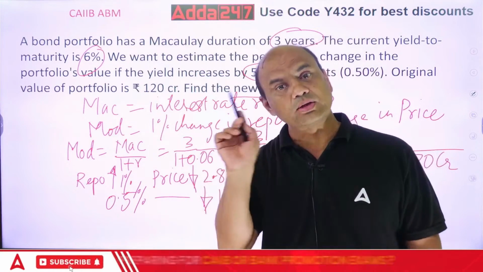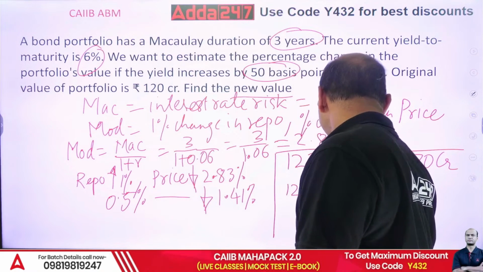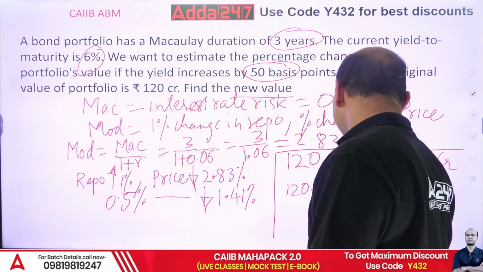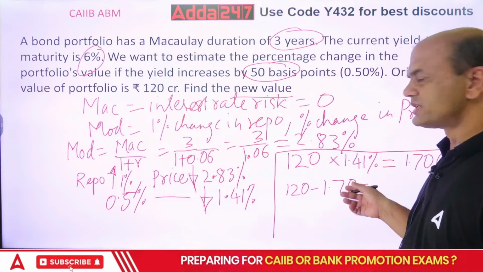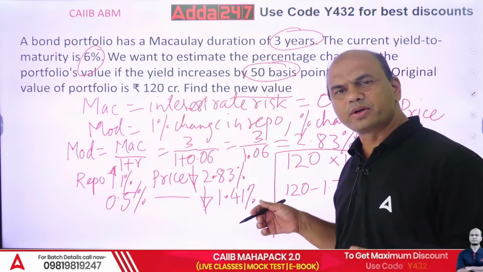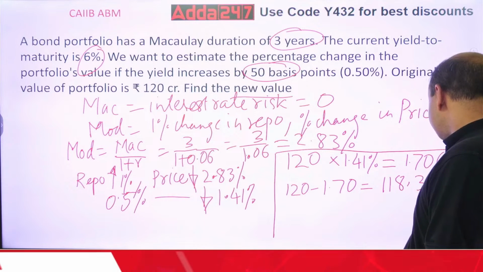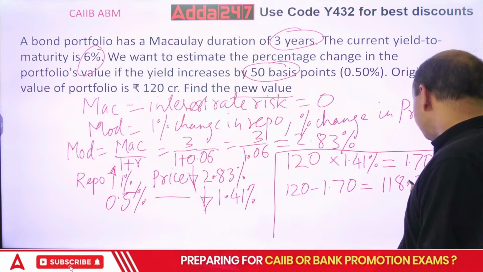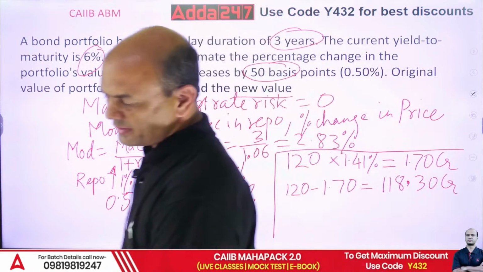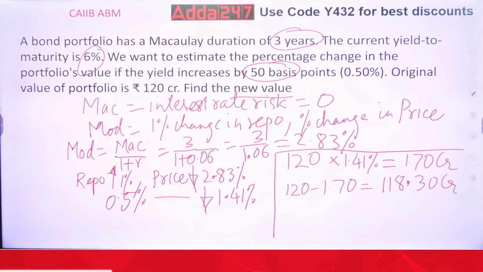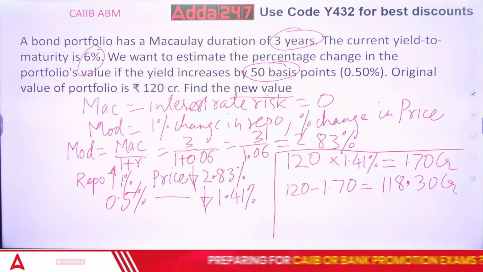So the new value will be 120 minus 1.70, that is 118.30 crores. This is the value of your new portfolio. So these are the two answers, everyone. Clear?